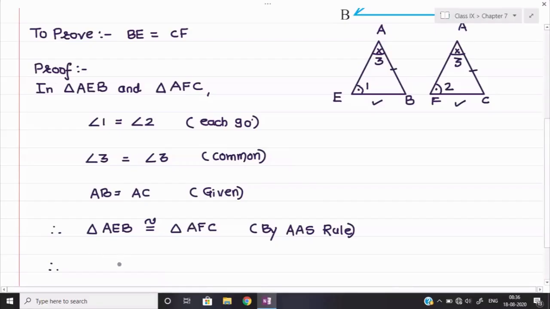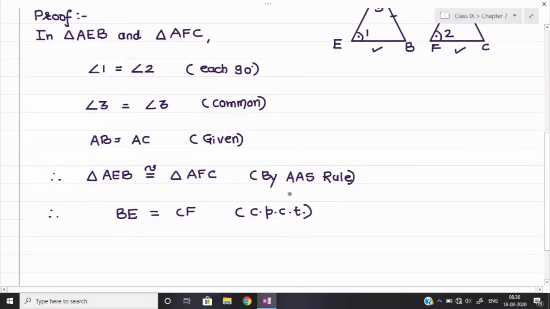So now we can say that BE is equal to CF, and when you are writing the remaining corresponding parts equal, you will give the reason CPCT, corresponding parts of congruent triangles. And now we can say that yes, we have proved the required thing here.